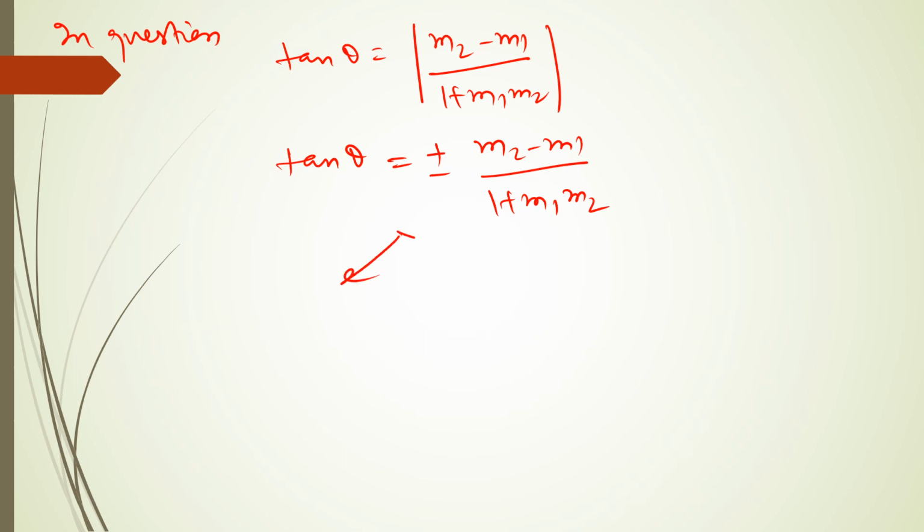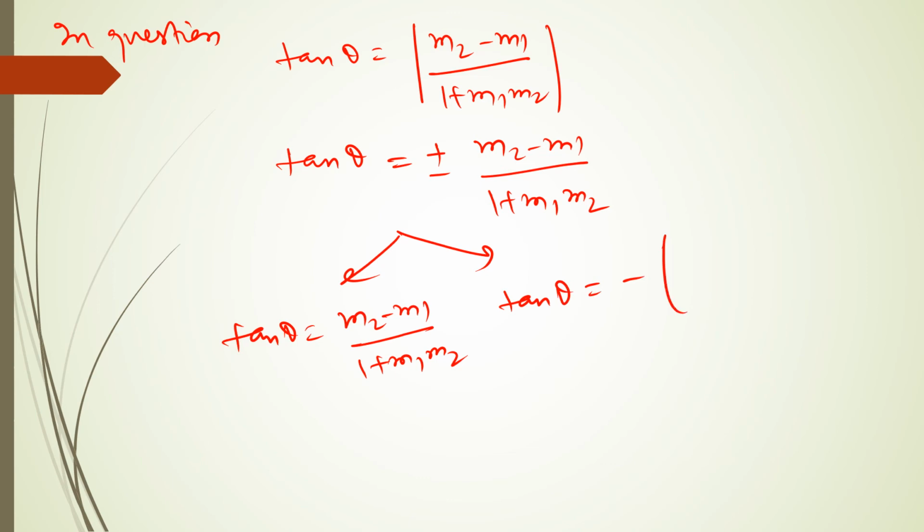Here we take tan theta equal to positive m2 minus m1 upon 1 plus m1 into m2, and tan theta equal to minus m2 minus m1 upon 1 plus m1 into m2, which will help to find the angle between the two lines.